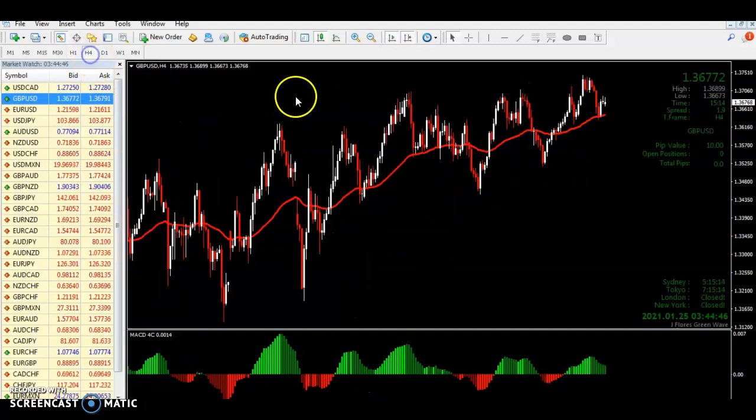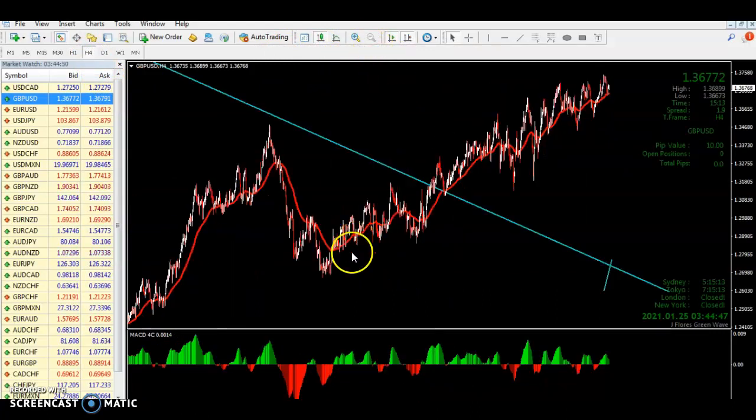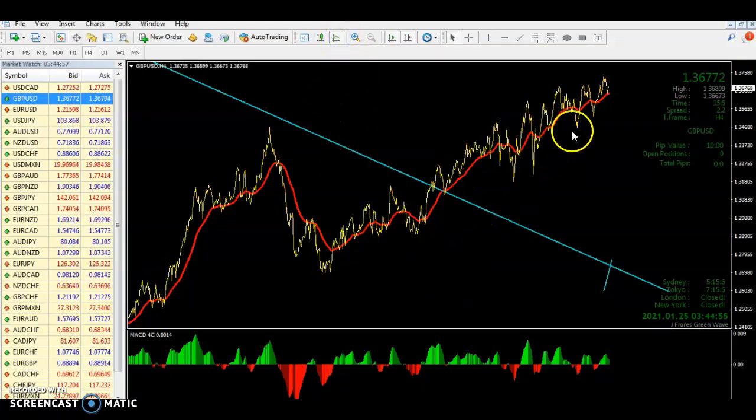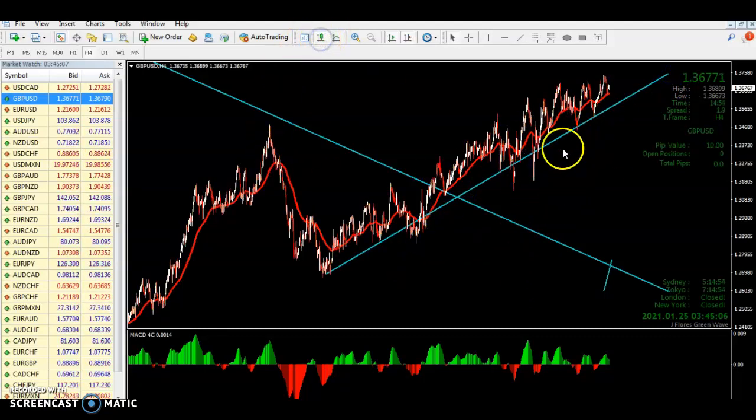I'm going to go a little bit quicker here. Let me go to the 4 hour on GBPUSD. In the 4 hour, we have this wave right here, which is a very big wave. So I'm going to make a quick trend line right there. There's a reason why I put that trend line there.